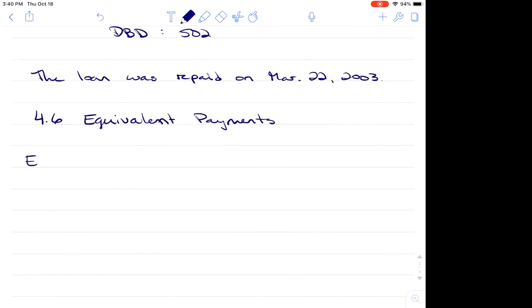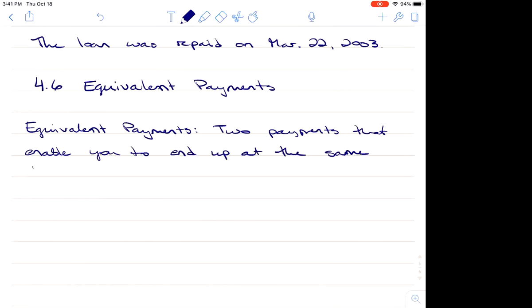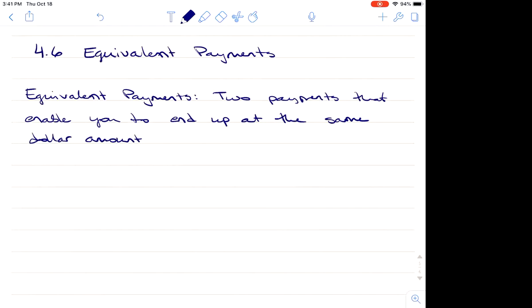So equivalent payments are just 2 payments that enable you to end up at the same dollar amount at a later date.